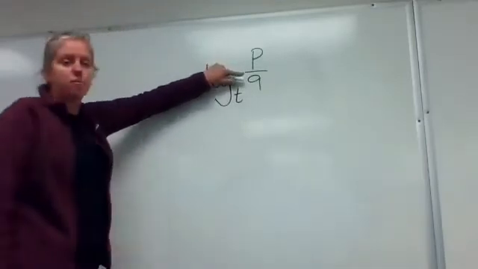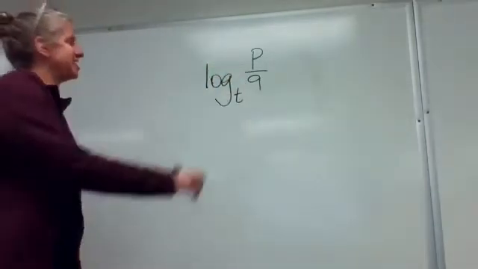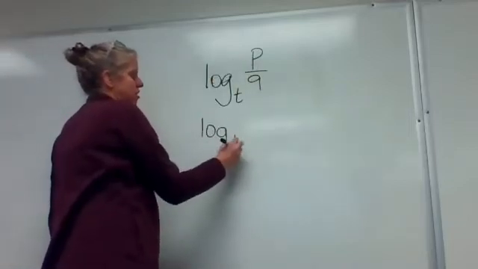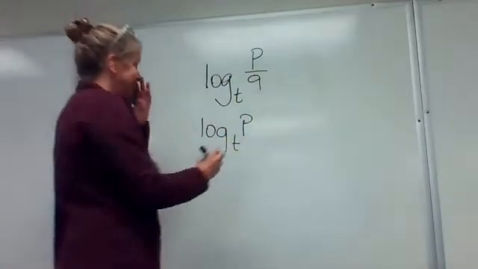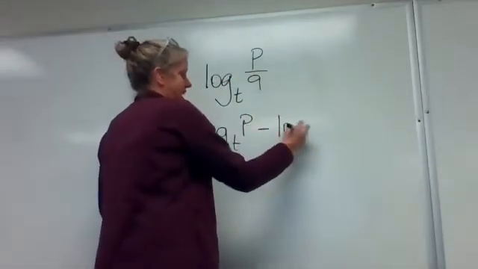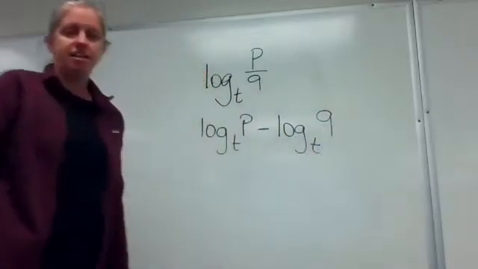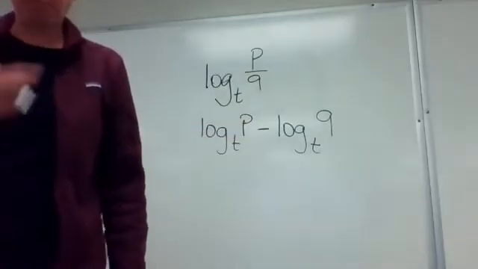So you can rewrite the quotient, ones that are division, as the difference of those two logarithms. So you'll have log base t of p minus this time log base t of 9. So the quotient can be rewritten as the difference.